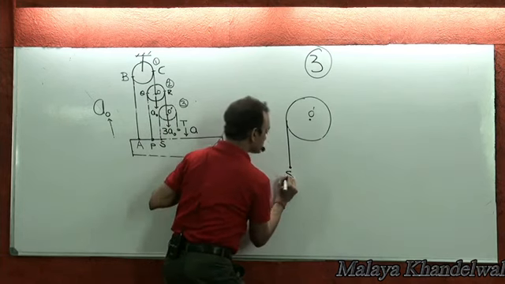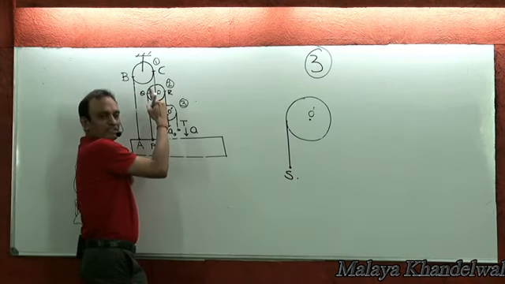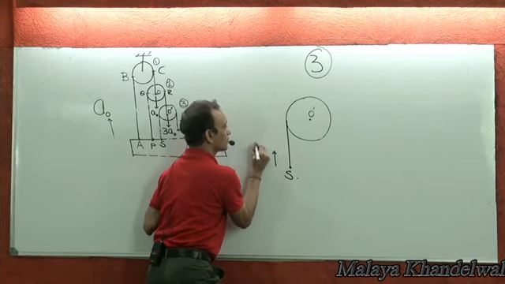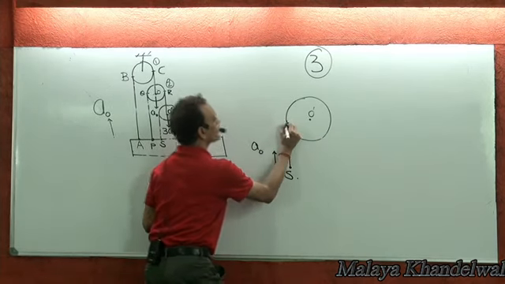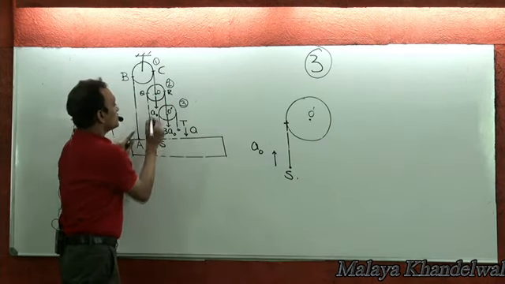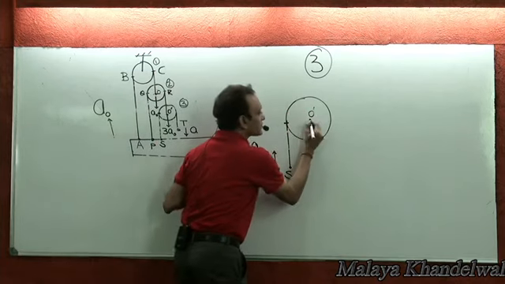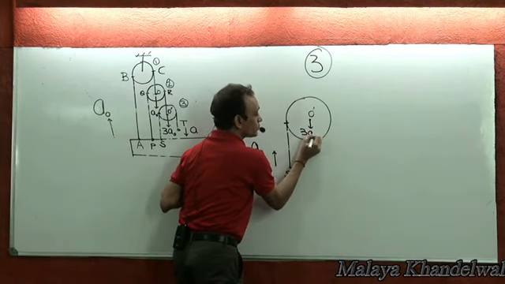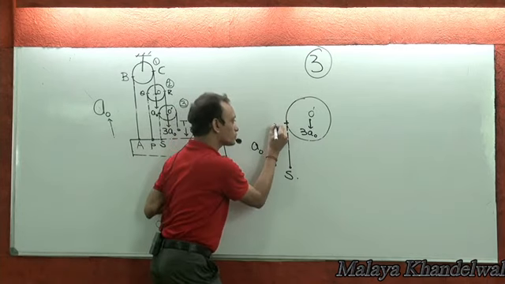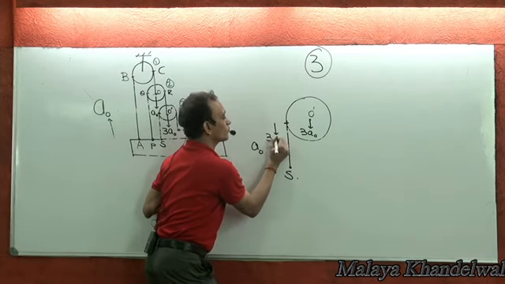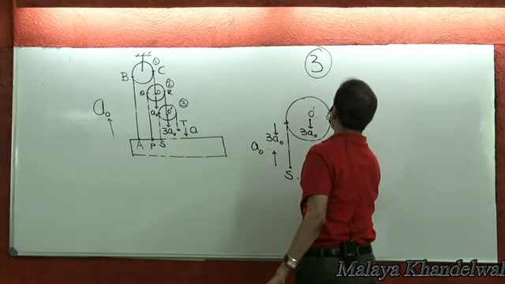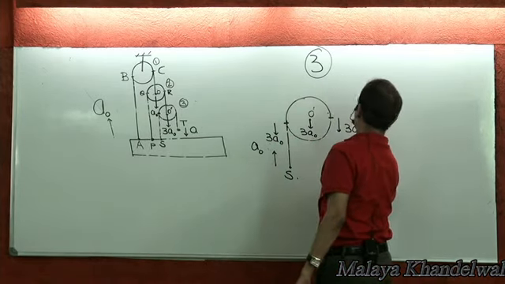This is the end S. S has an upward acceleration a naught because it's integral with the block. If this pulley has an acceleration 3a naught downwards, then this point will also have an acceleration 3a naught downwards.